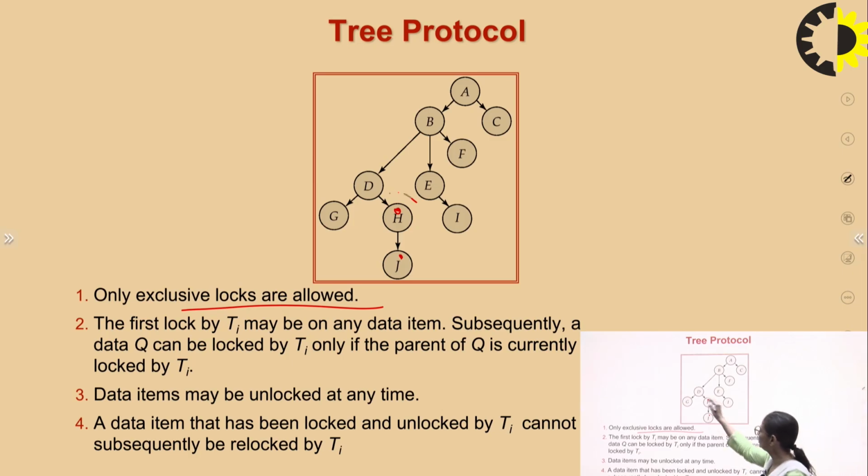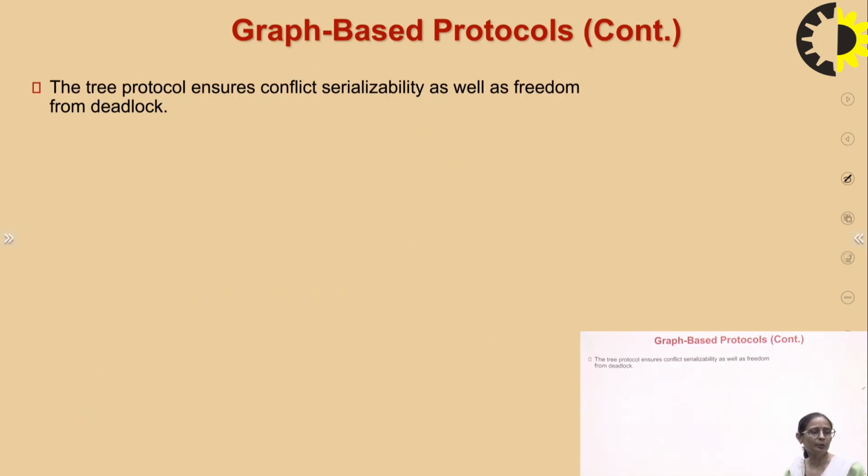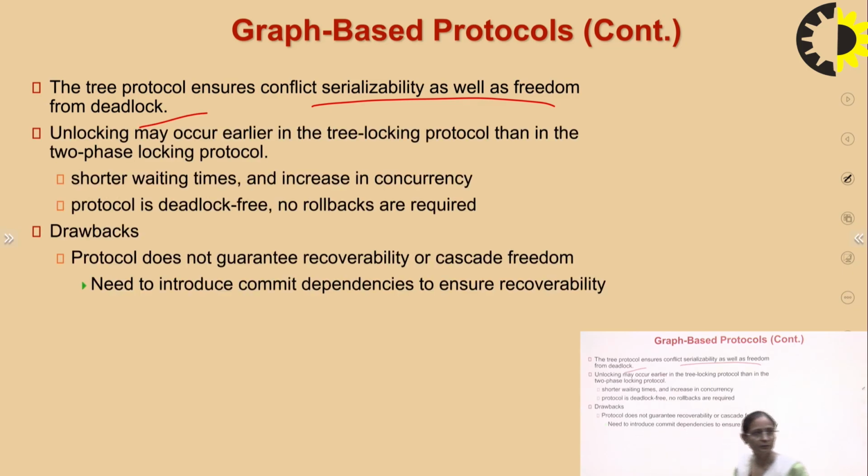I already told you that if I am working on this, then I can lock the data item J. If I want to lock this data item D, then I am not allowed to do so. Data items may be unlocked at any time. A data item that has been locked and unlocked by Ti cannot be relocked by transaction Ti. So the tree protocol ensures conflict serializability as well as freedom from deadlock.